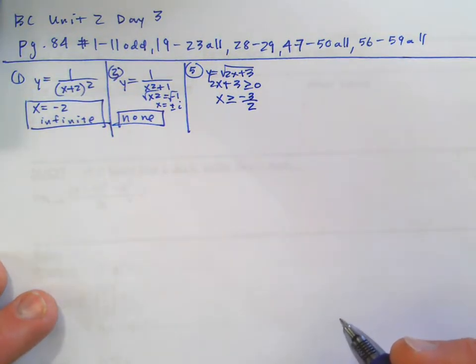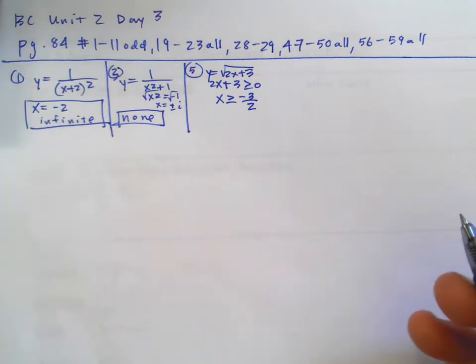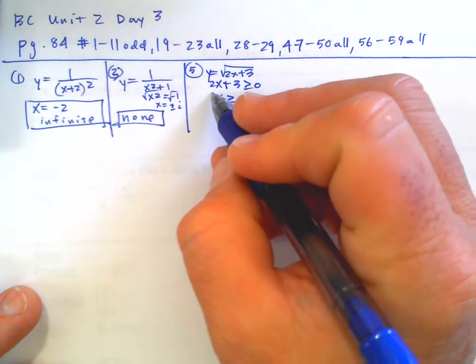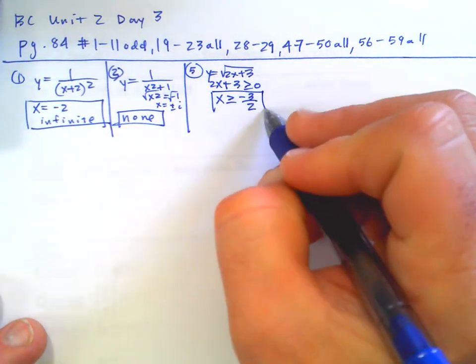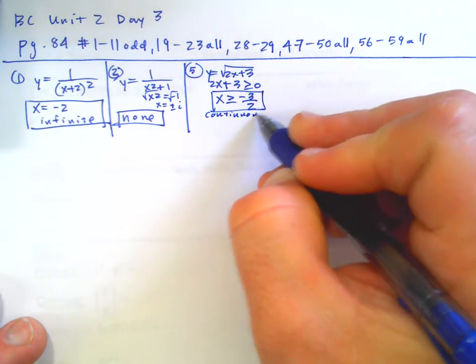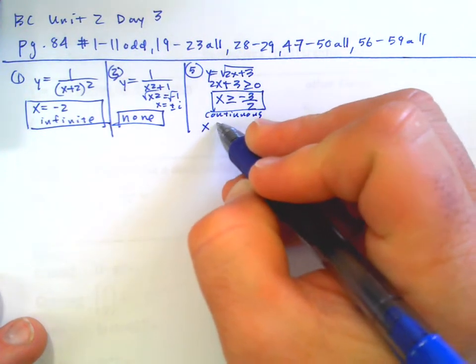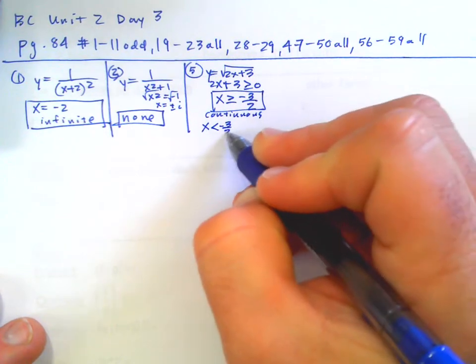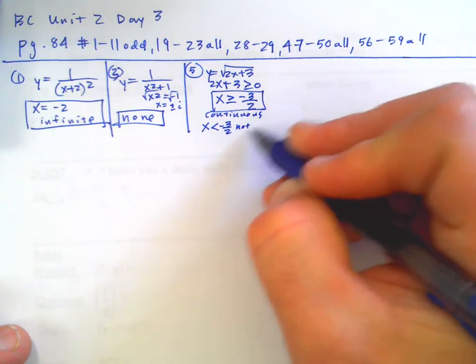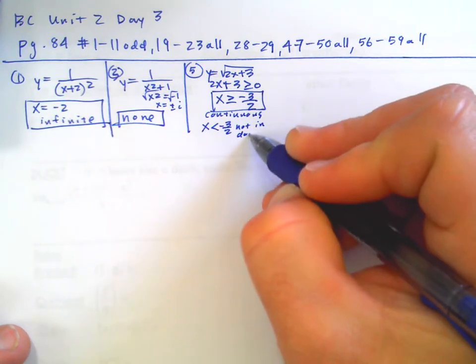Find the points of continuity and the points of discontinuity. Essentially, this is where it is continuous. So x less than -3/2 is not in the domain of the function.